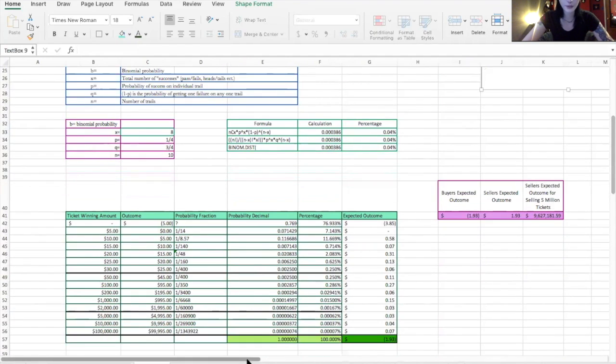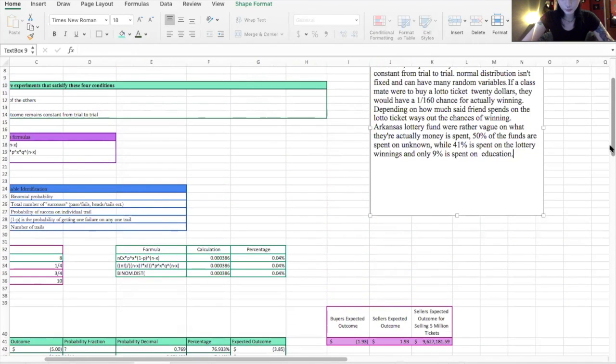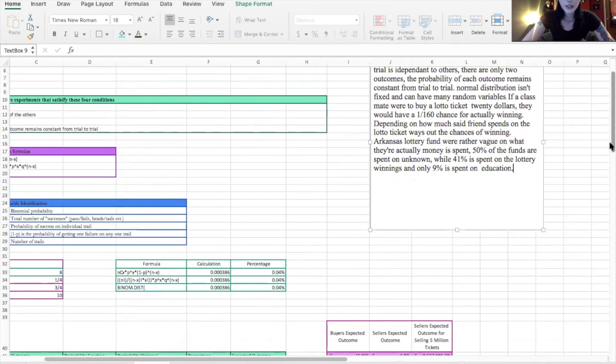Now we're going to go to the fun part. As we continue, normal distribution isn't fixed, so anything could happen at random. A good question to ask somebody in a survey would be their favorite color, because not everybody has the same favorite color, versus having a set of data of do you like green or do you like purple?